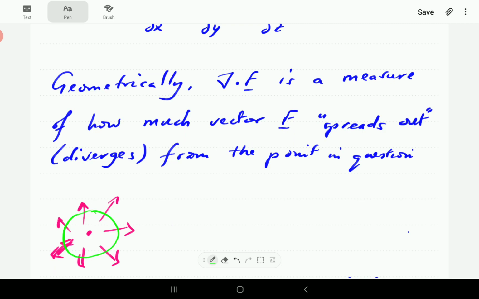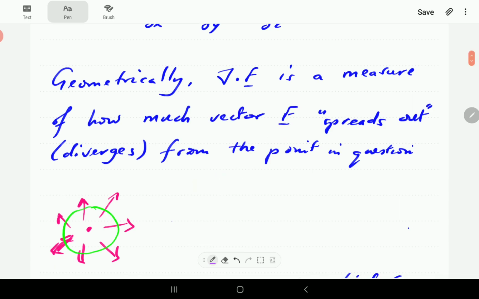The opposite, of course, is a vector field for a sink, which is going to be like this. At that point it's going to have a negative divergence, because instead of spreading out, the components are coming in.